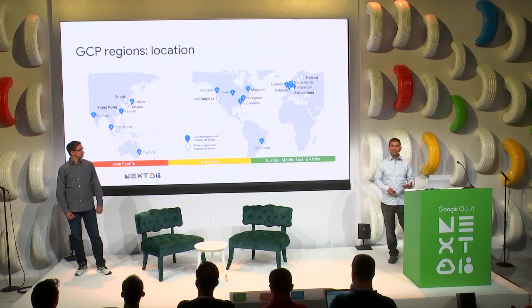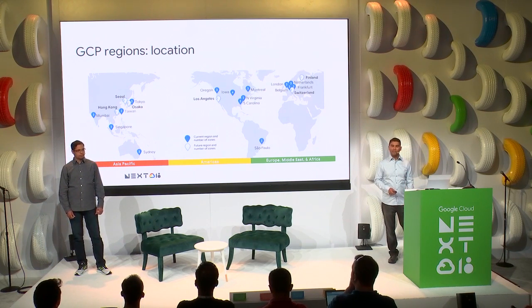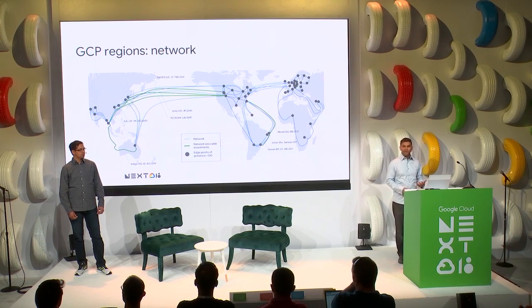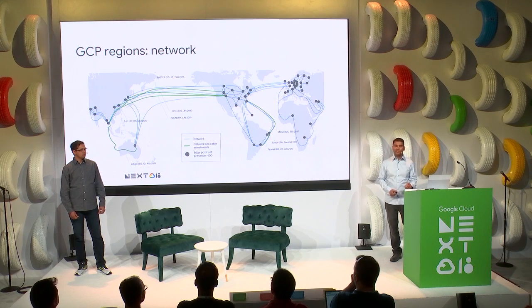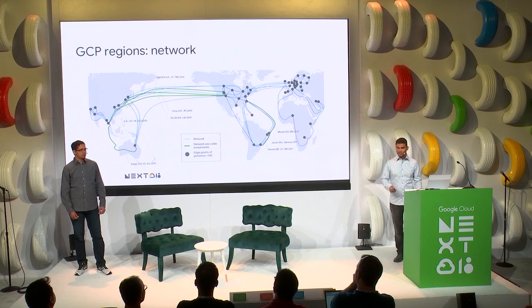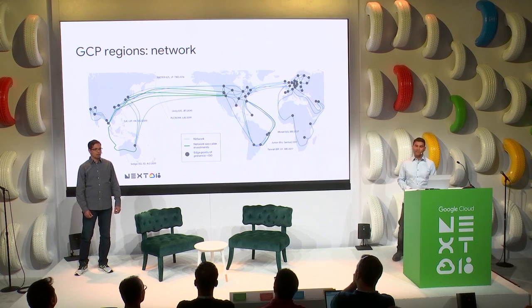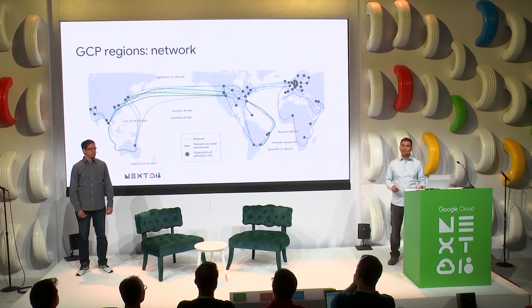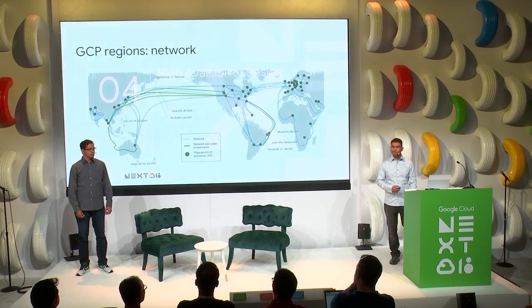Each region can have multiple zones, at least 3 or more, spread globally. Regions are connected by an extremely fast and highly available network. Any given region will have multiple redundant network paths, which, as Brad Calder pointed out earlier this morning, is a pretty key point of Google Cloud Platform.